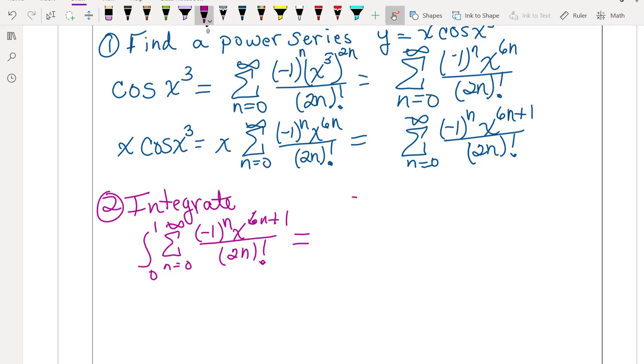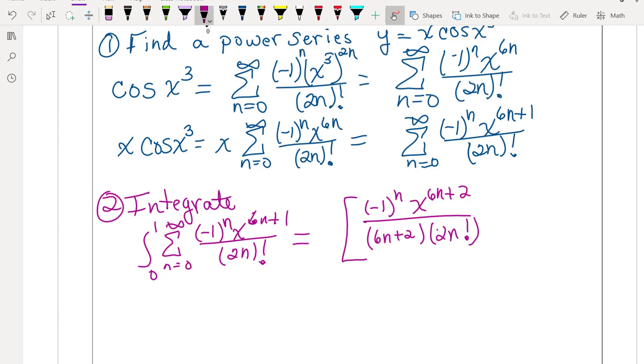So this is going to give me -1 to the n, x to the 6n plus 2, and now I have a 6n plus 2 in the denominator, times my 2n factorial. And again, I forgot my summation. Let me just squeeze it in here. And we're integrating this from 0 to 1.